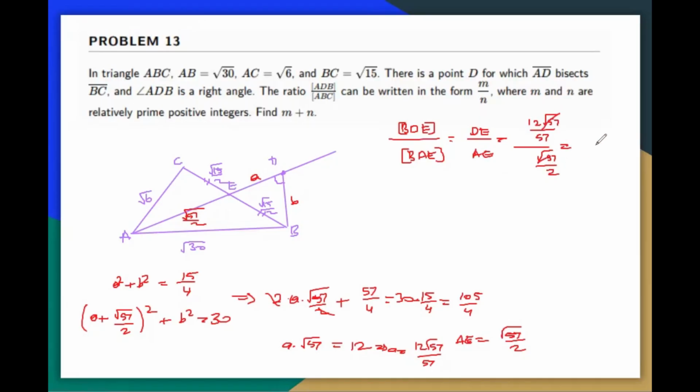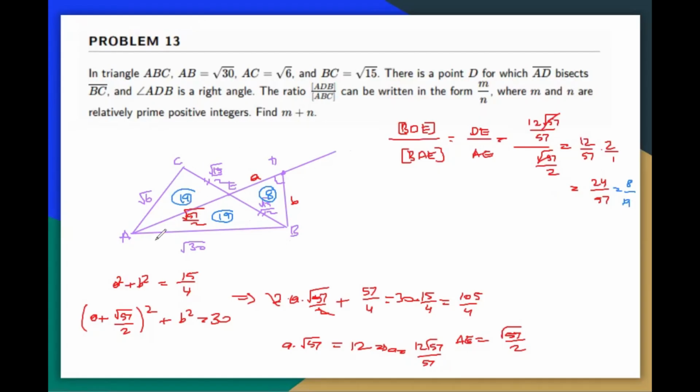So cancel these guys. You get 12 over 57 times 1 over 2. If you multiply this by 2, you get 24 over 57. So that means we can find the relation between those two areas. If I want to say the area of DE is divided by this, it's 24 over 57. You may even simplify by dividing by 3, which gives 8 and 19. So if I say this is the area, that should be 19, and that should be 19 as well, because this side and this side were equal.